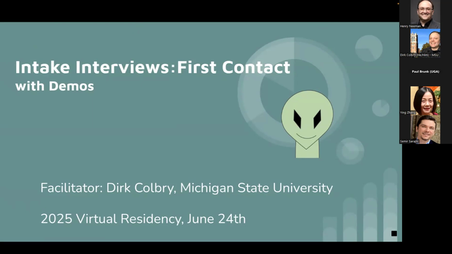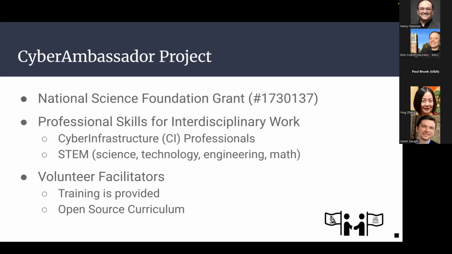This is actually from a curriculum called Cyber Ambassadors, which was developed, small plug, through a grant from the National Science Foundation. We've been teaming up with Henry since the very beginning, and Henry's been going a little longer than Cyber Ambassadors.